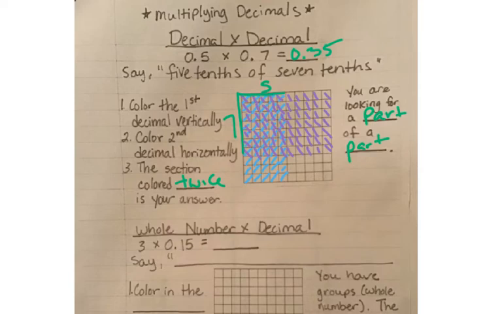And now we're going to check with standard algorithm because it's easy to make mistakes on models. So if I were to multiply 5/10 times 7/10, as we learned, you kind of ignore your decimal points and look at them as whole numbers for a minute. And so we would look at it as 35 because 5 times 7 is 35. And then as we learned with multiplying a decimal by a whole number, we're looking for place value positions.